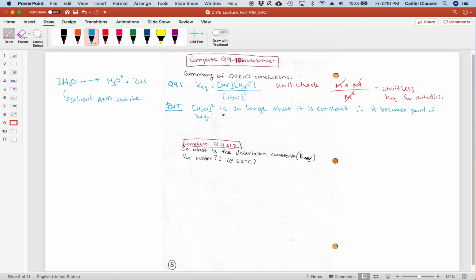And we said that this H2O with Keq is now called Kw. So if we've pulled out the H2O for question 10, our new equilibrium constant for the dissociation of water is Kw, which is just equal to the products multiplied by each other.